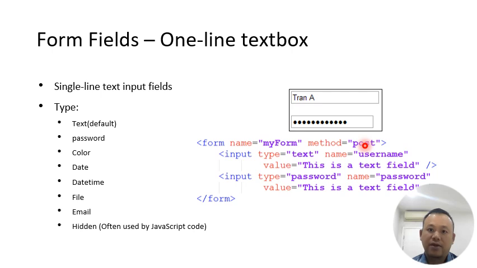The server-side code handling this form submission can then access the input values using the post names, name and password. We also have some different single-line text input types: text, password, color, date, time, file, email, and hidden.